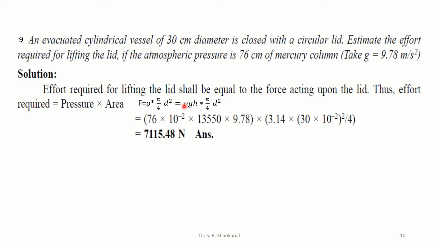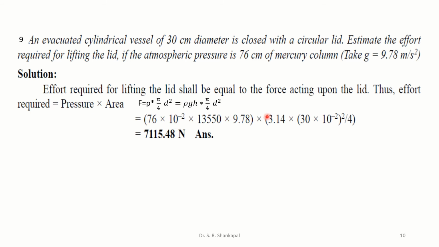So density of mercury, I have assumed it as 13,550 kg per meter cube. g is given as 9.78 meter per second square. h, 76 centimeters, I have converted into meters by multiplying with 10 to the power of minus 2.